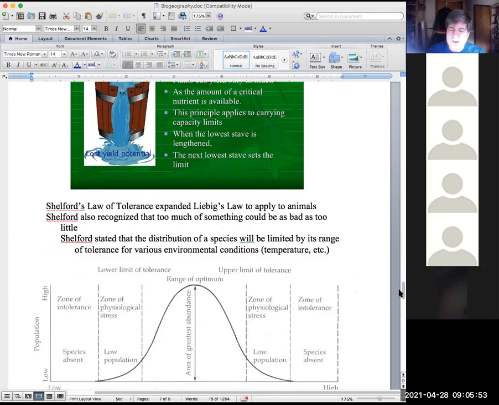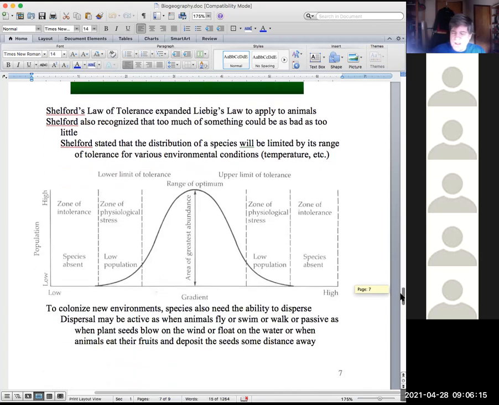Another ecologist named Shelford came along, and he looked at this law and he said that this law is really too narrow in its scope and in how it's applied. And he came up with Shelford's law about the distribution of a species. And he said, think about any type of factor.